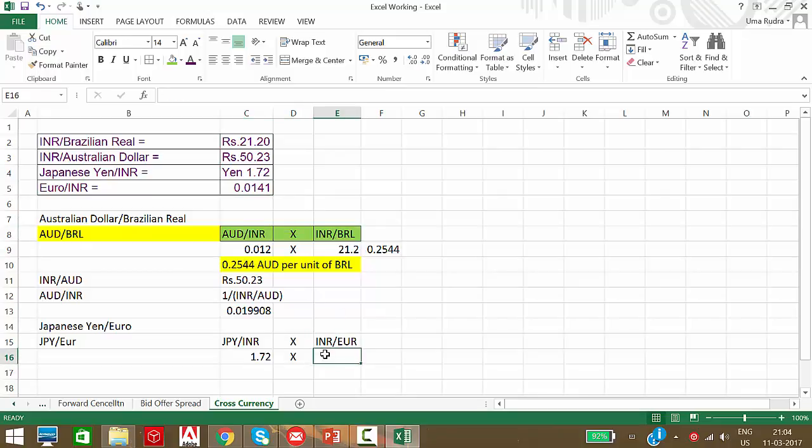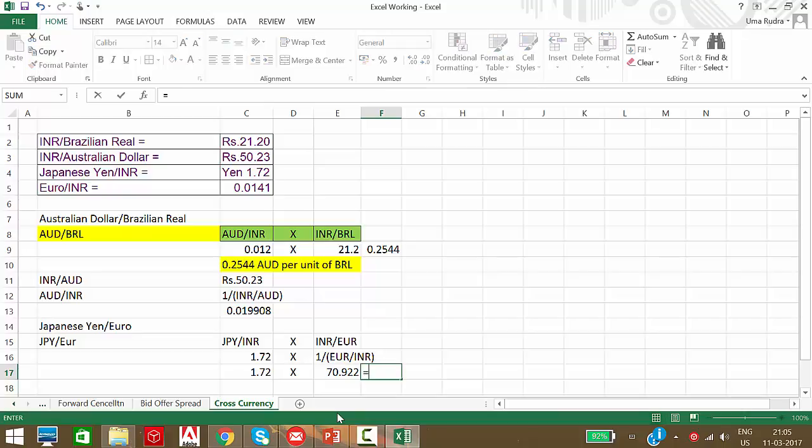So I divide 1 by the euro per INR data. So 1.72 into 1 divided by 0.0141, which is 70.922.